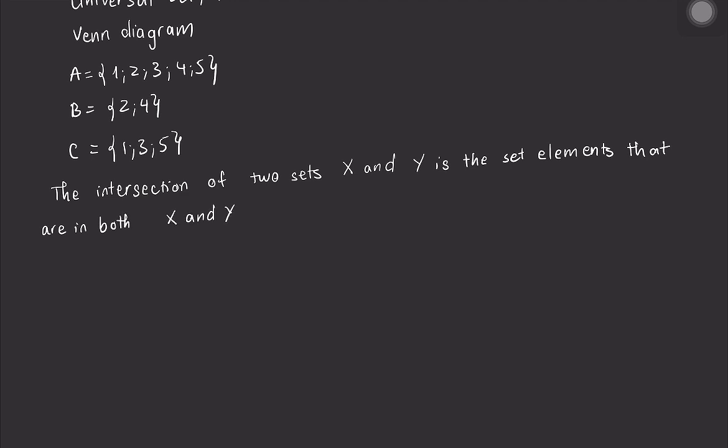It's just like the intersection between lines. So note here that the intersection is the set of elements that are in both X and Y.